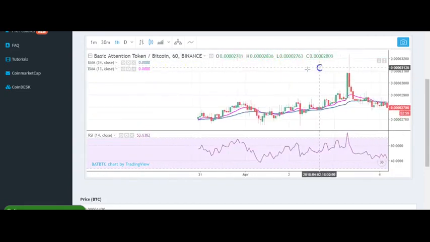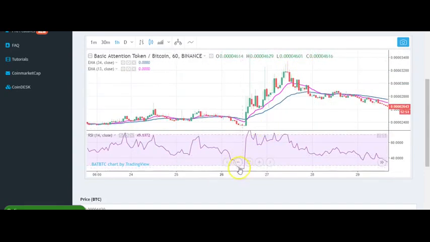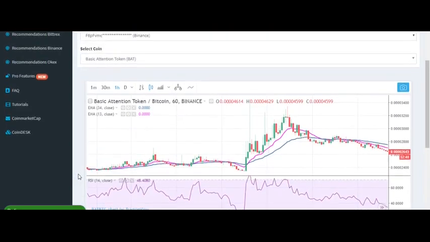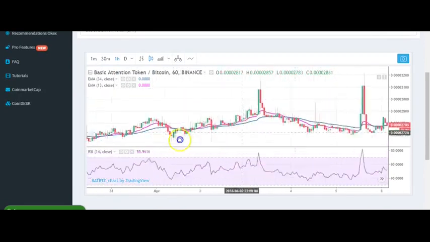I'm trying to show you when a good time to buy is. Like right here, the RSI is below. So you make a buy right here, and you set it to 3%. You can set everything to 3% for as long as you trade for a year, and you're good.